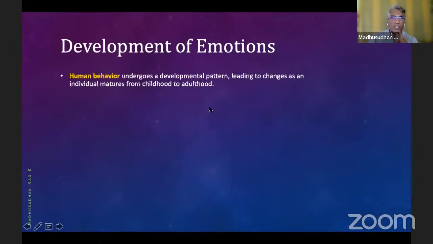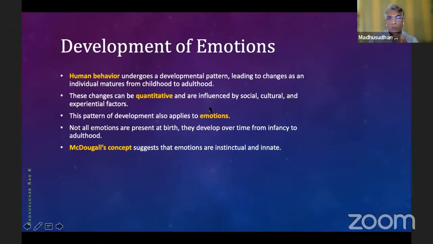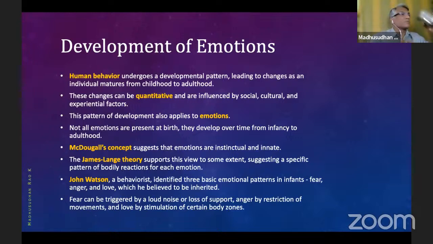Then development of emotions. Human behavior undergoes a developmental pattern leading to change as an individual matures from childhood to adulthood. These qualities are influenced by social, cultural, and experiential factors.